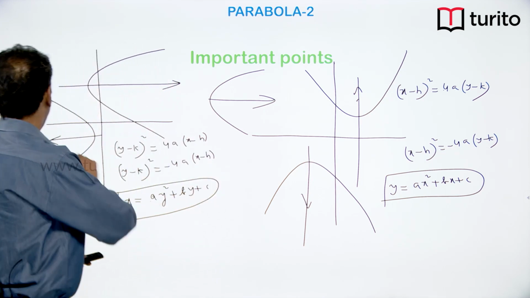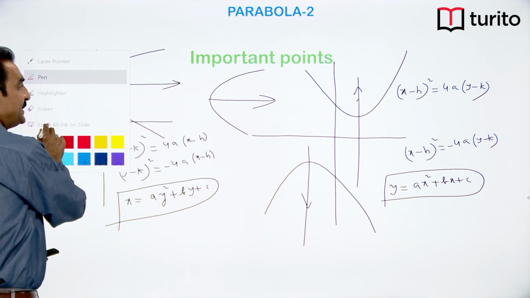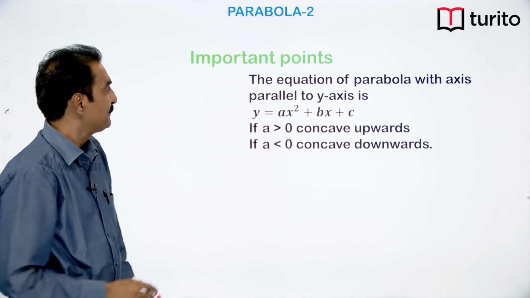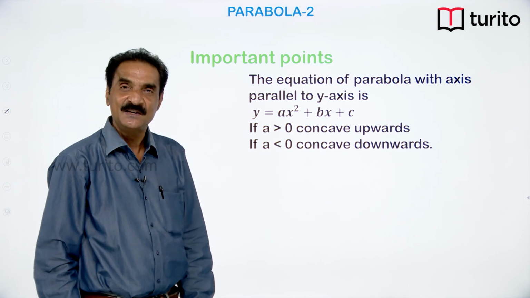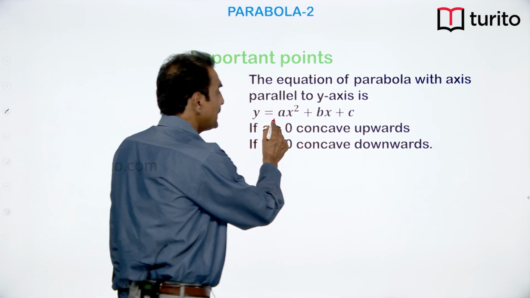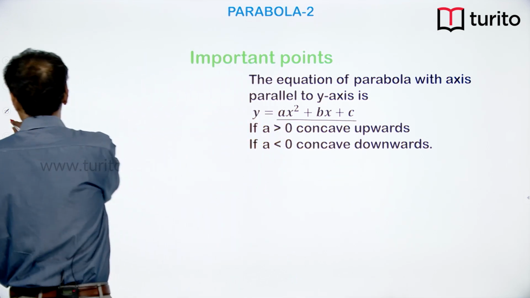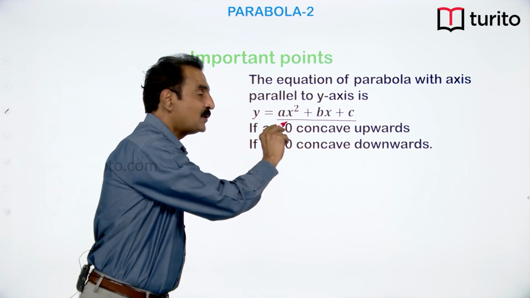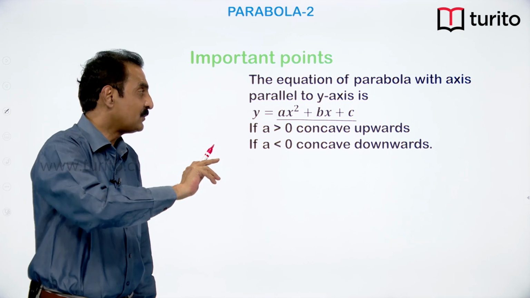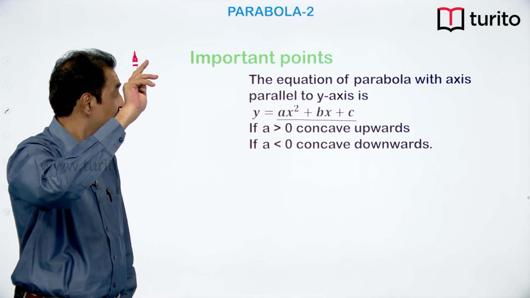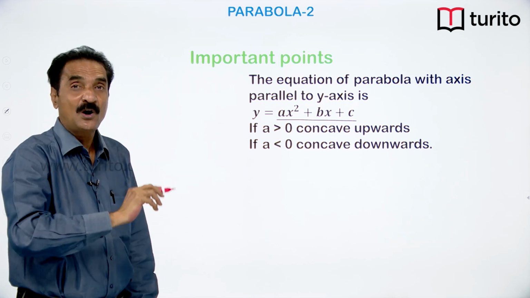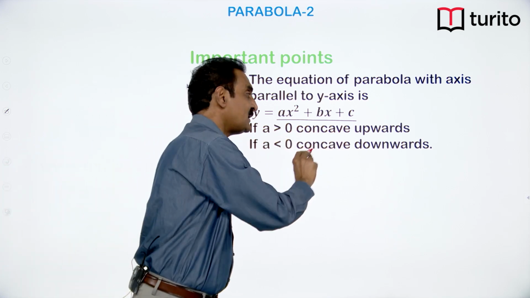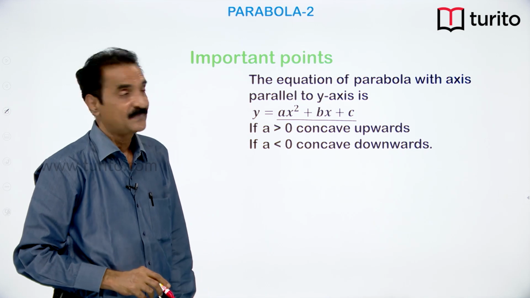Okay. Now, let us list out all these important points. The equation of the parabola with axis parallel to y axis is y is equal to ax square plus bx plus c. If a is positive, it is concave upwards. If a is negative, concave downwards, or axis is upwards, axis is downwards.